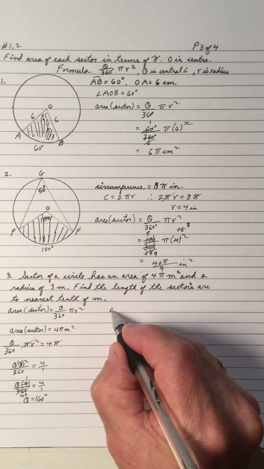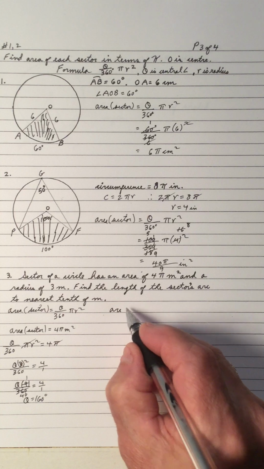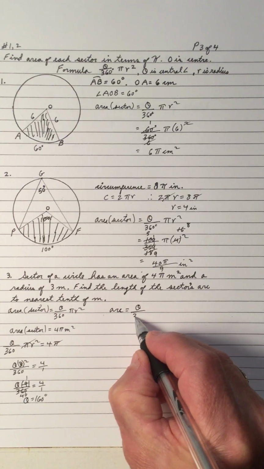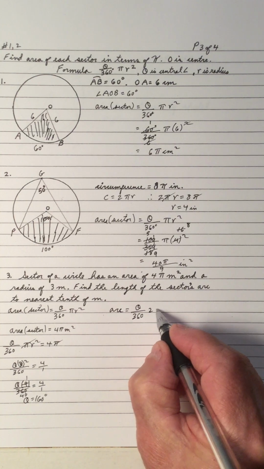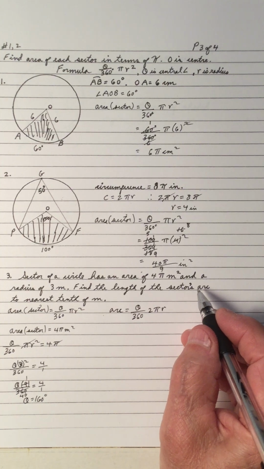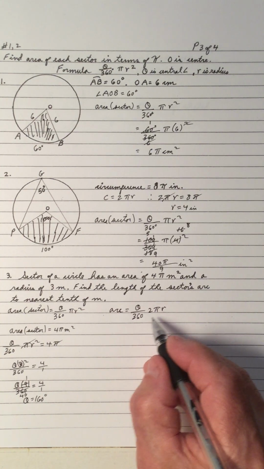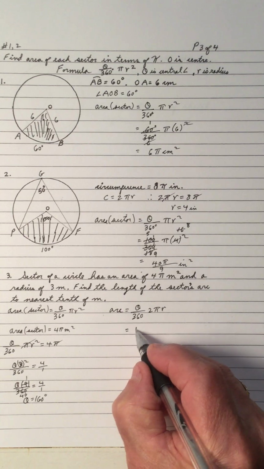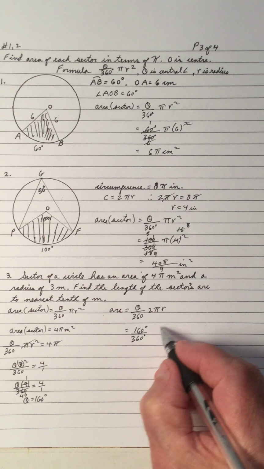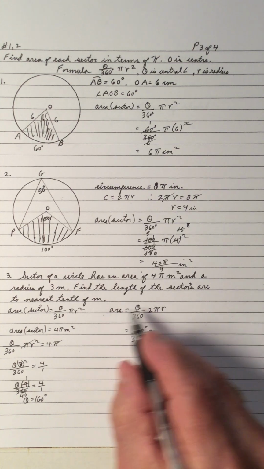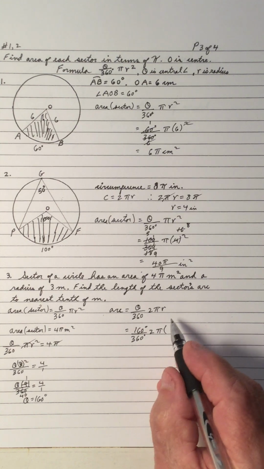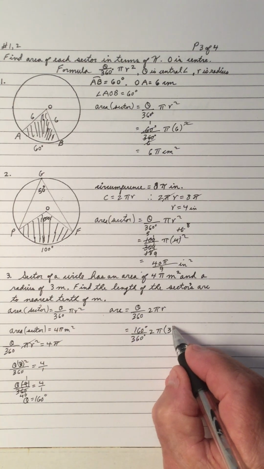The length of the arc is theta over 360 degrees times 2 pi r, because the arc length is a part of the circumference, and the circumference is 2 pi r. We found theta to be 160 degrees, over 360 degrees, times 2 pi, and the radius is 3.